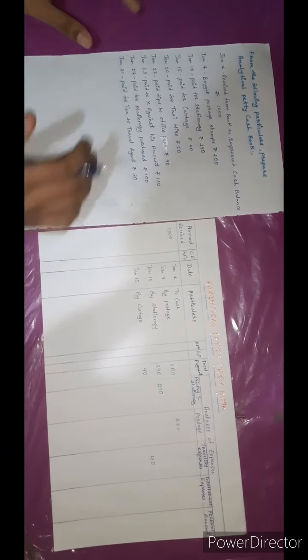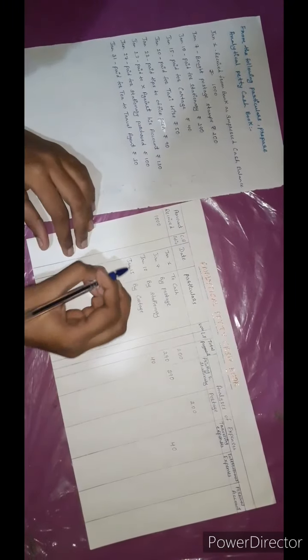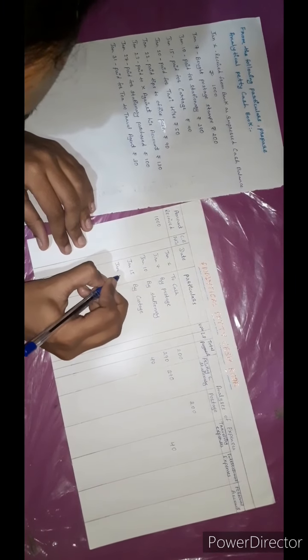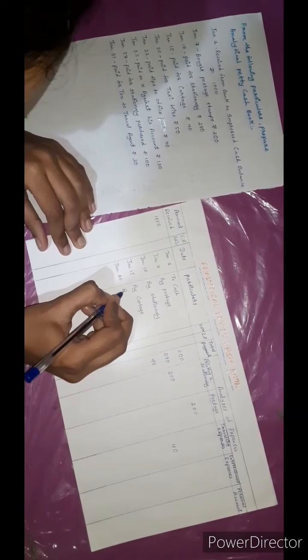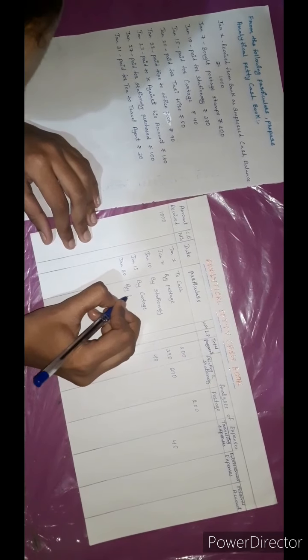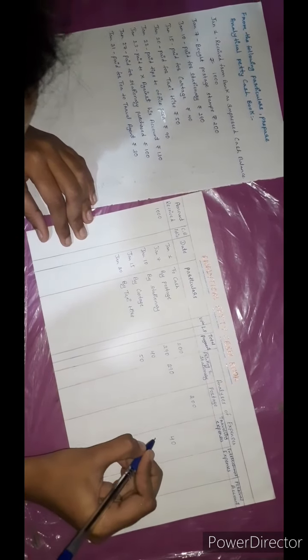And the next one is Jan 20th, paid for taxi hire rupees 50. This also comes under the traveling expenses. So Jan 20 by taxi hire rupees 50. Rupees 50 under traveling expenses.